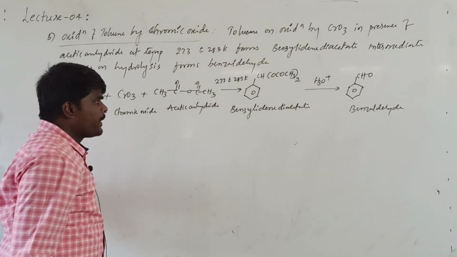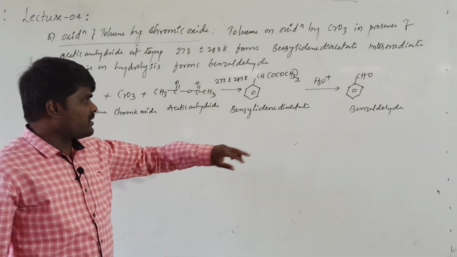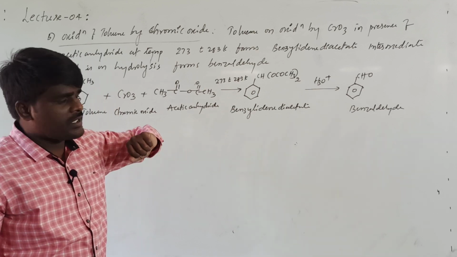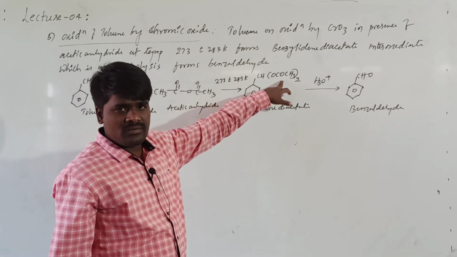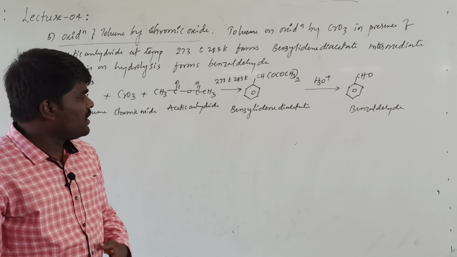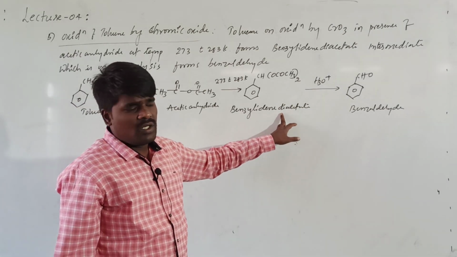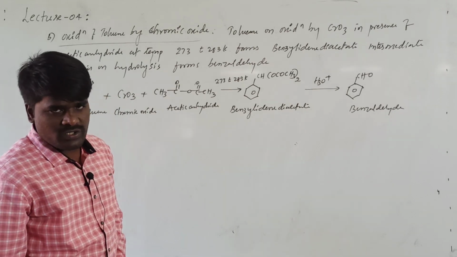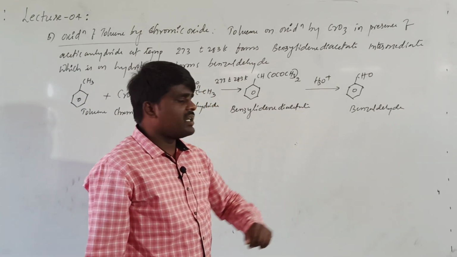It forms an intermediate called benzylidene diacetate because it has two acetate ions attached. When this benzylidene diacetate intermediate is hydrolyzed, it forms benzaldehyde.